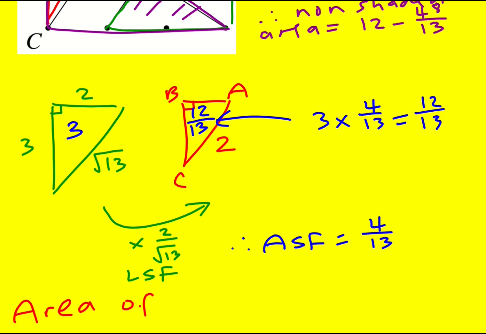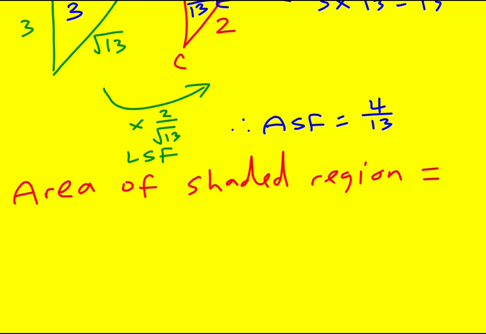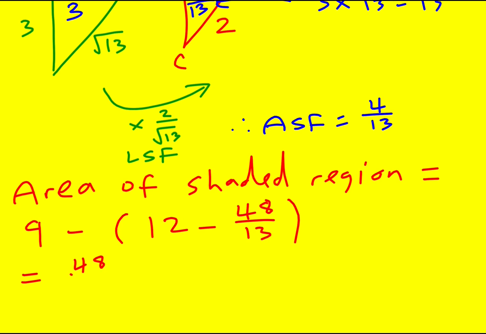So area of shaded region is going to equal 9 minus 12 minus 48 over 13, which is just going to be minus 3 plus 48 over 13, or 48 over 13 minus 3, or 48 over 13 minus 39 over 13, which gives us 9 over 13 as the answer.